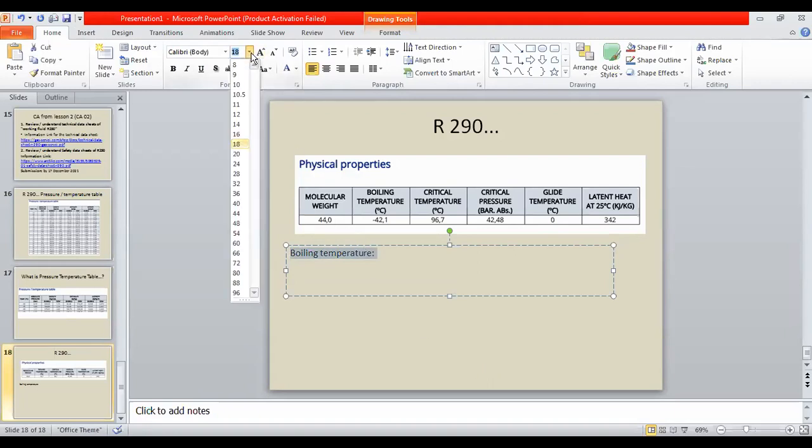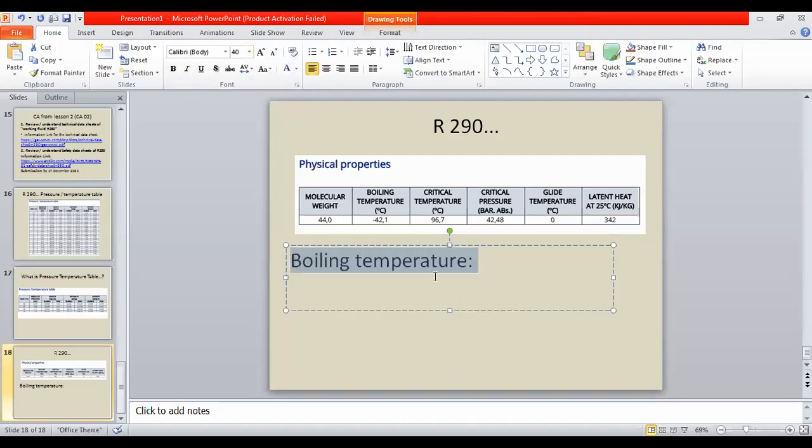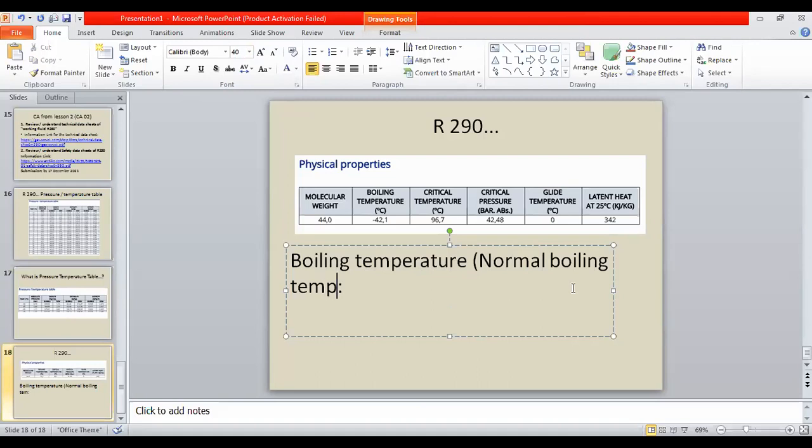Second, boiling temperature. Actually, the standard word is normal boiling temperature. It is minus 42.1 degrees Celsius.